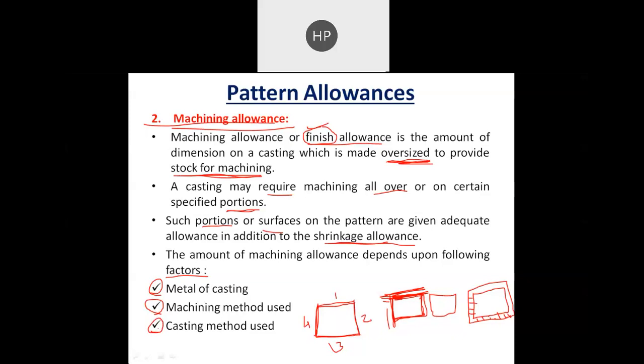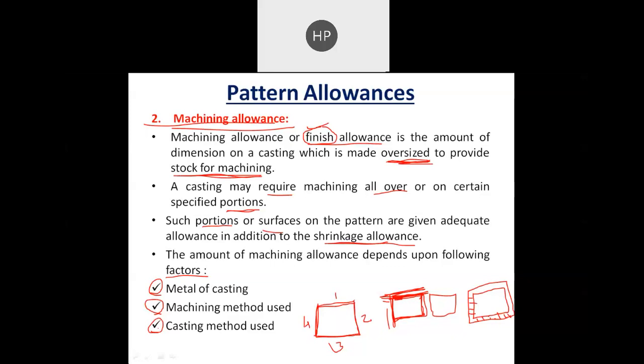Okay, so in some casting methods you will get a good surface, and when you get a good surface, it requires very little machining to get a finished surface.